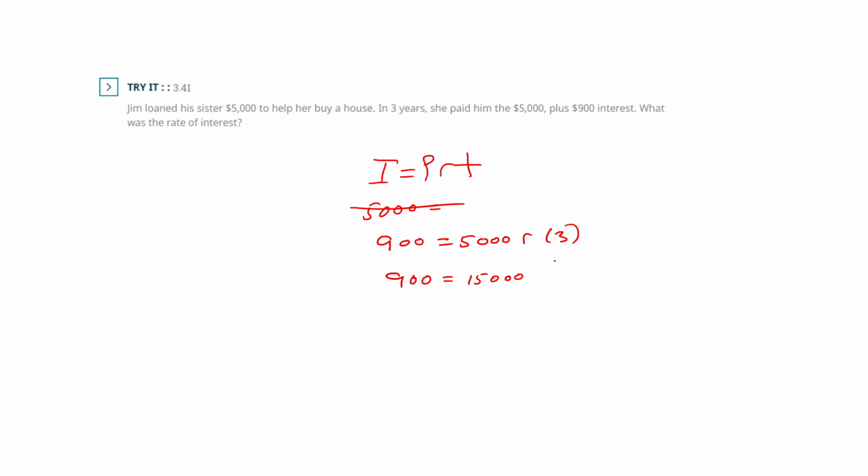Remember, we can multiply in any order, it doesn't change it. And I only want to do this so that we see it the way we're normally seeing it as a factor puzzle there. I'm going to divide both sides by 15,000. Okay, and I get 0.06 is my rate. I'm going to turn this from a decimal into a percent, so I'm going to move it over 2 and I get 6%.